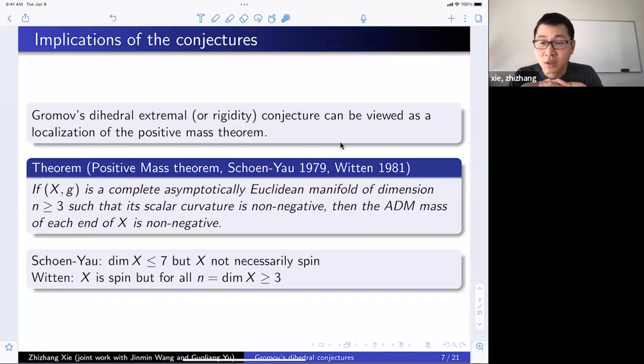One just needs to sit down and write down the right quantifications, but definitely there is a definite quantification of this theorem and then a quantification of the positive mass theorem as well. Yes, exactly. Thank you.